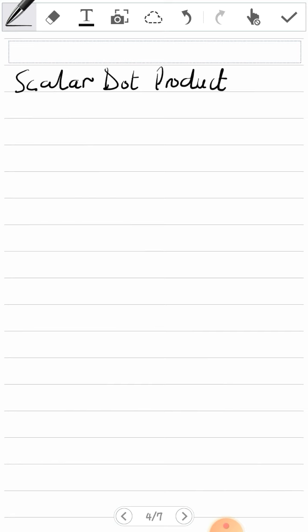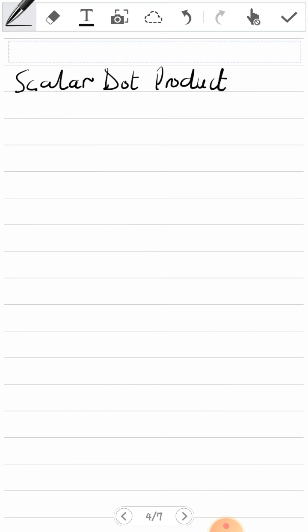So for the scalar dot product, you multiply vectors to get a single number. You're not going to get it in terms of vectors. So that's all about scalar dot product.